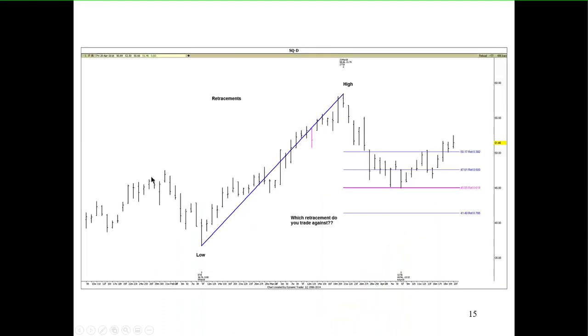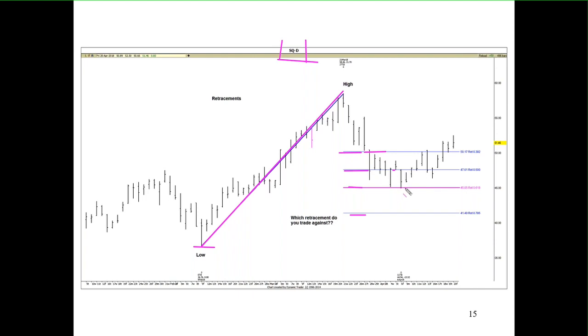So here's an example of how you would do that. This is actually a daily chart of Square, measuring a prior low to high swing. Okay, we've got the ratios here, 38.2, 50%, 61.8, and 78.6. Well, how do you know which of these you should take a trade against? Okay, you don't.